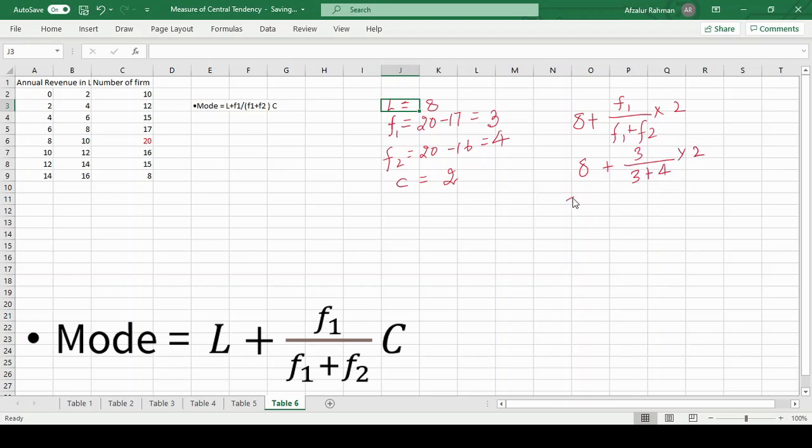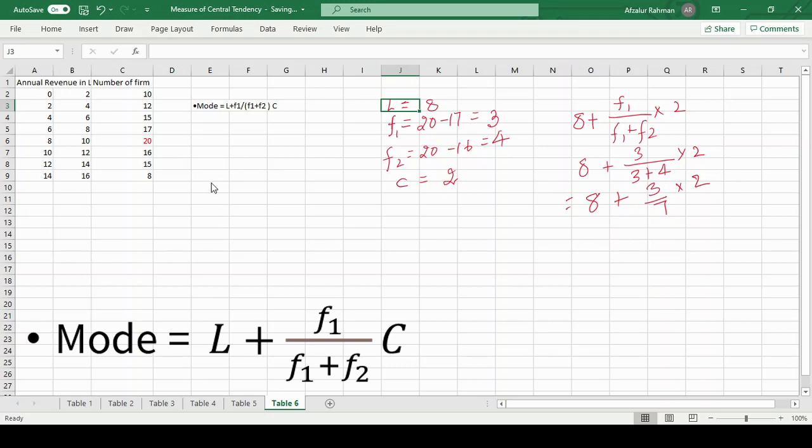F1 is 3, F2 is 4. So again it is equal to 8 plus 3 divided by 7 multiplied by 2. So now if you calculate, you will get the answer.